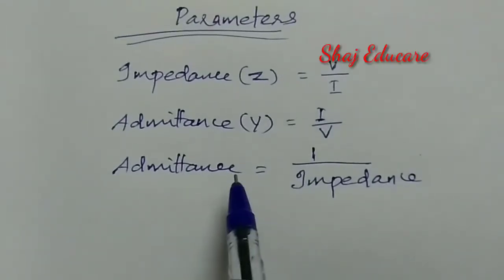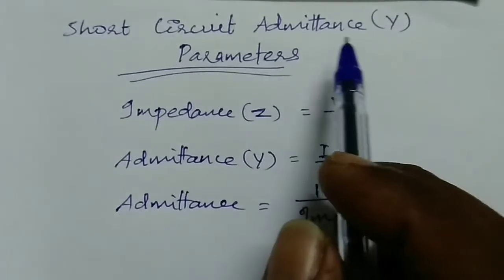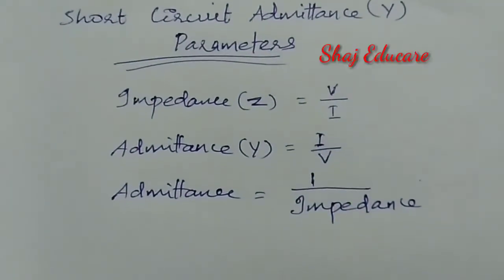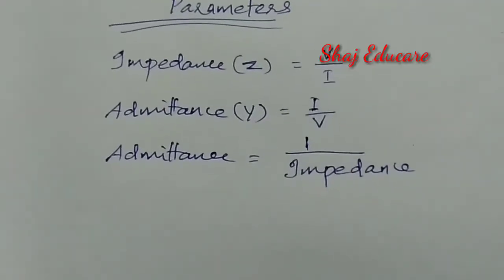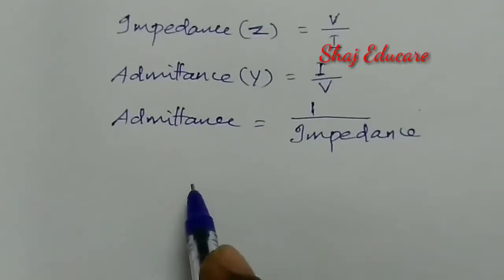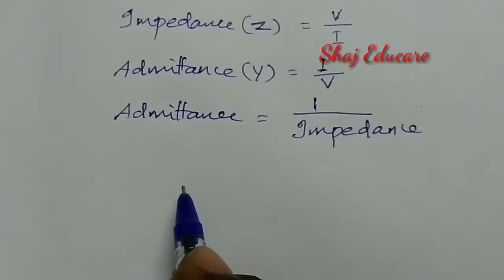Now, let us try to understand each and every admittance parameter. For that purpose, we are going to draw the two-port structure that we have already discussed under the topic two-port networks.